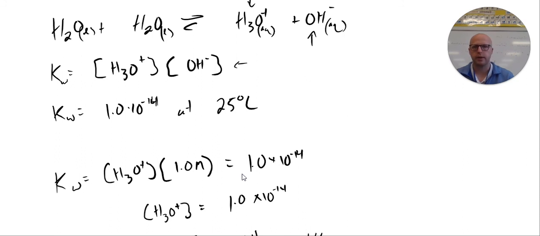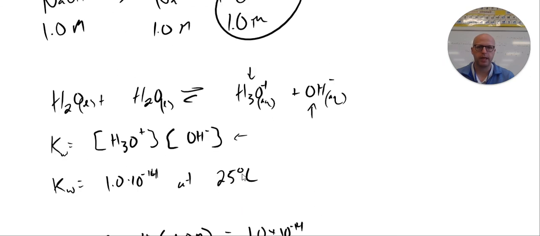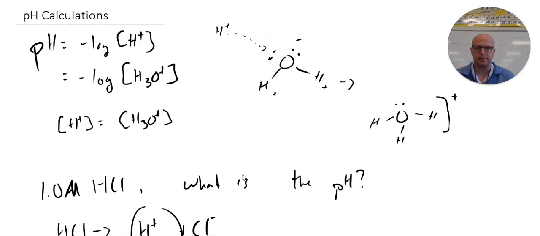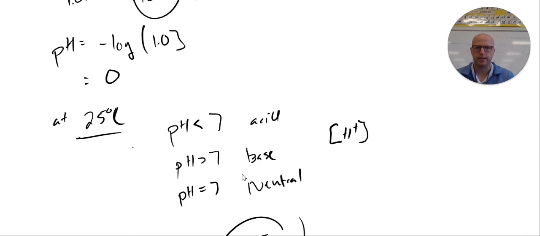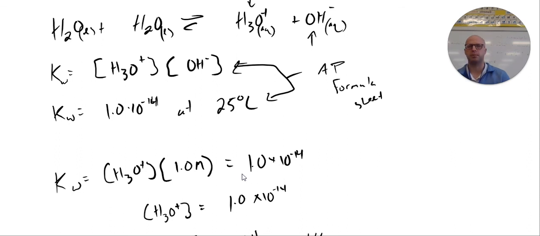And we know these are inversely related. As I increase this one, this one has to decrease to keep that constant number, and vice versa. So that was a real quick review on calculating pHs for strong acids and strong bases. Make sure we understand this concept, and this is on your AP formula sheet. I think they give you both of these if I'm not mistaken.